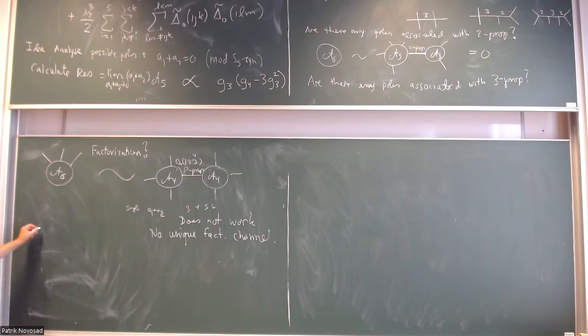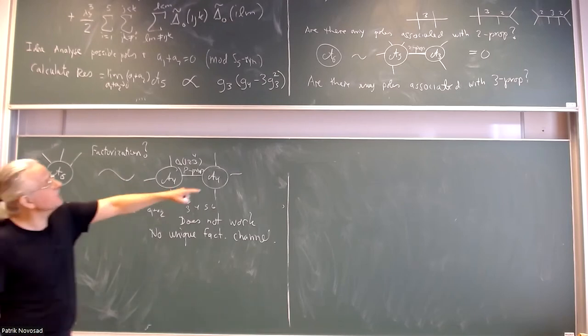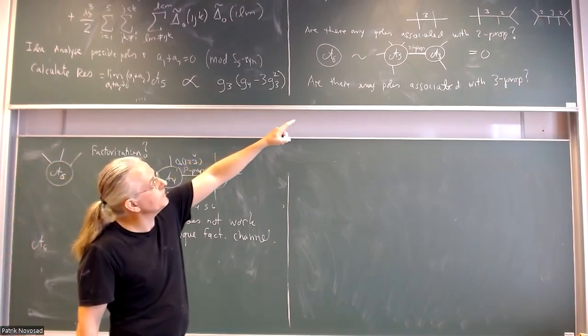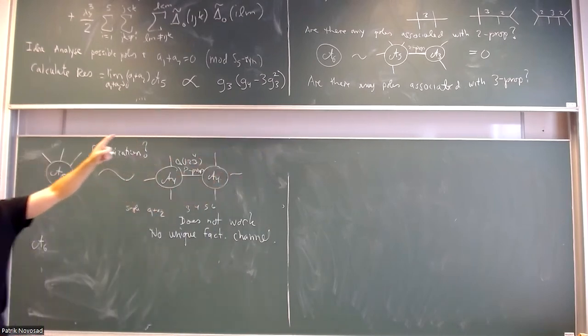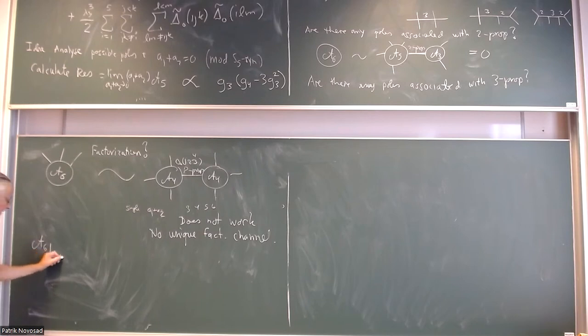What we can do is look at diagrams, but we can at least take away the diagrams which don't have a 3 propagator. So we don't have to do all 7 diagrams. We only have to do the ones with the 3 propagator. So let's just calculate the ones which contain the 3 propagator, because those are the only ones from which we want to take the residue. We want to find out the residue of A6 that can only come from these diagrams.